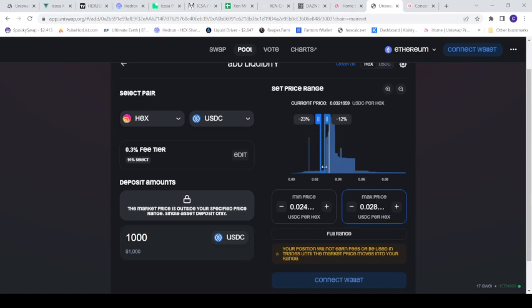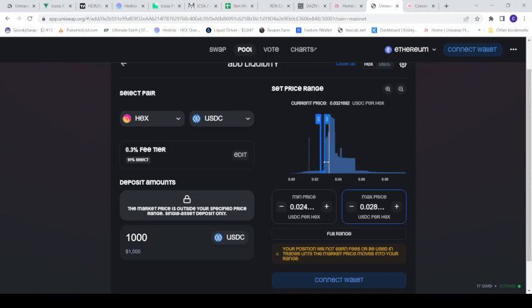So when price moves into your range, you're gonna start buying hex. So now you're getting rid of your USDC and it's turning into hex, right? And if it keeps moving this way, nothing happens, I don't think.